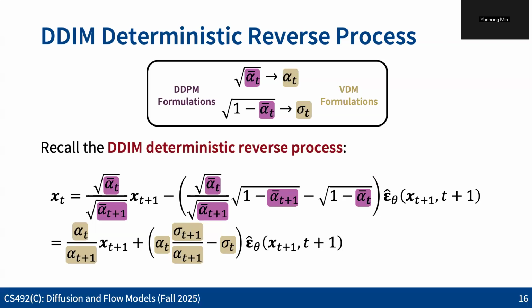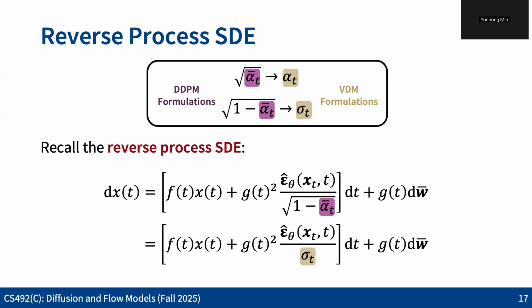Those alpha and sigma are not the ones from the DDPM case, but come from the VDM parameters. Based on those parameters, x_t can be written in this formulation. Nothing but changing the variables, right? And for the reverse SDE, we can also rewrite some parts of the formulation in terms of the alpha and sigma functions used in the VDM formulation.